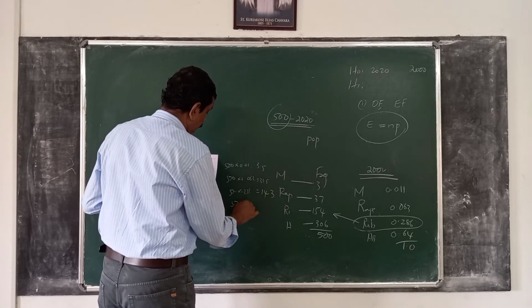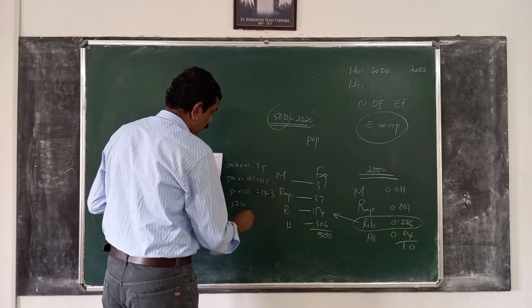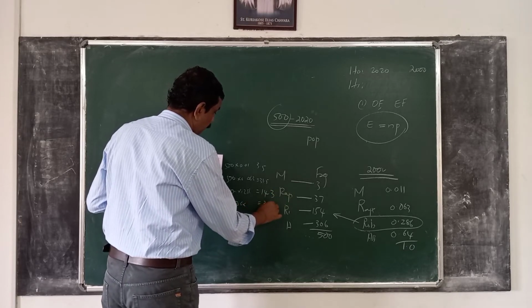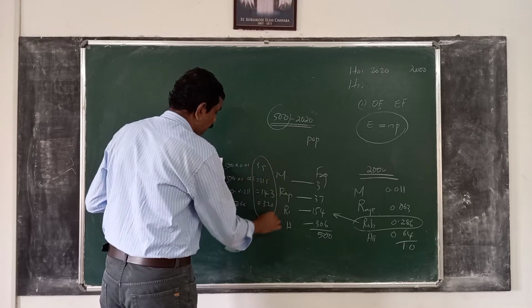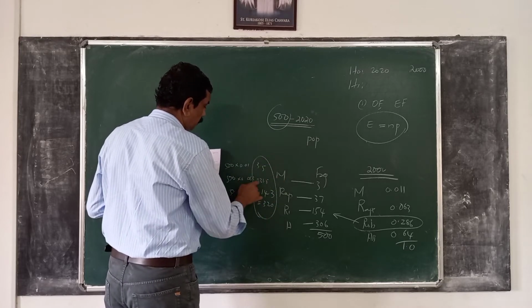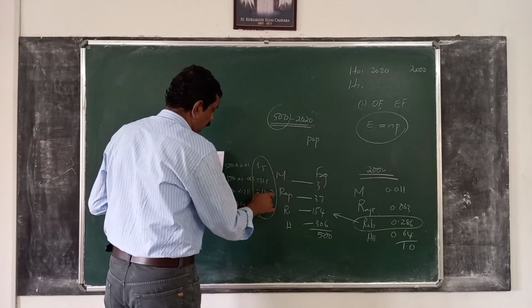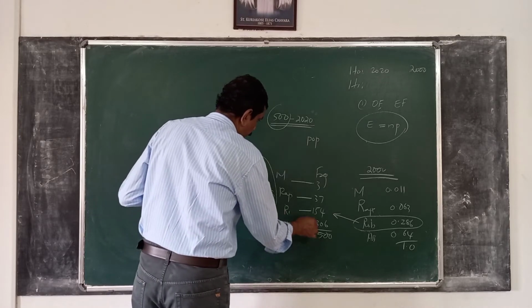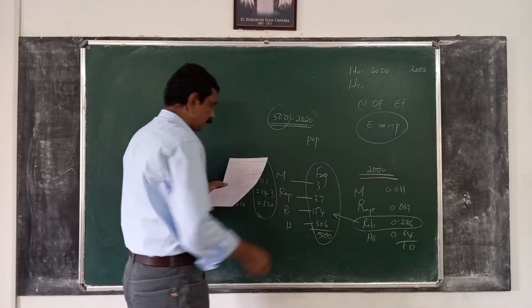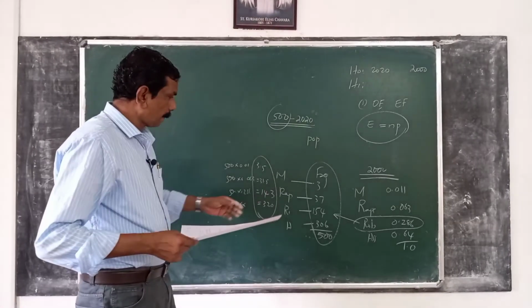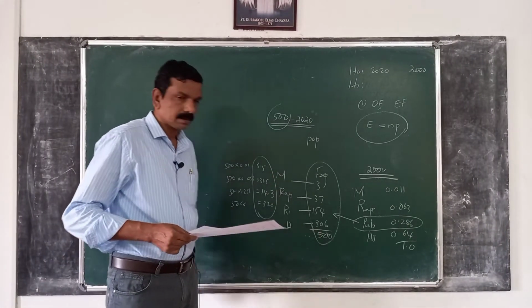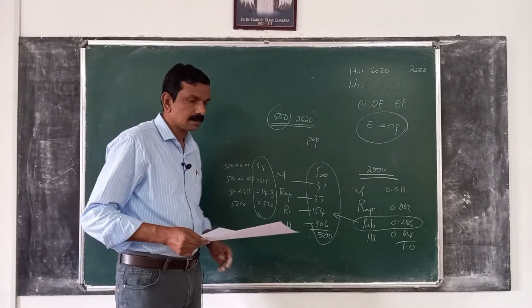Then 500 multiplied by 0.64 is 320. These are the expected frequencies: 5.5, 31.5, 143, 320, and these are the actual frequencies. These are the observed frequencies. These are the expected frequencies.